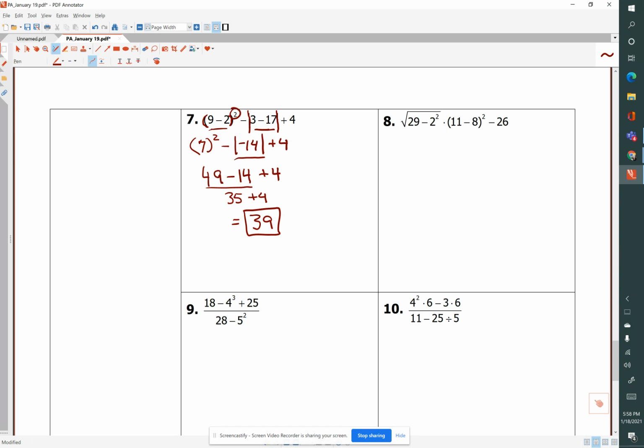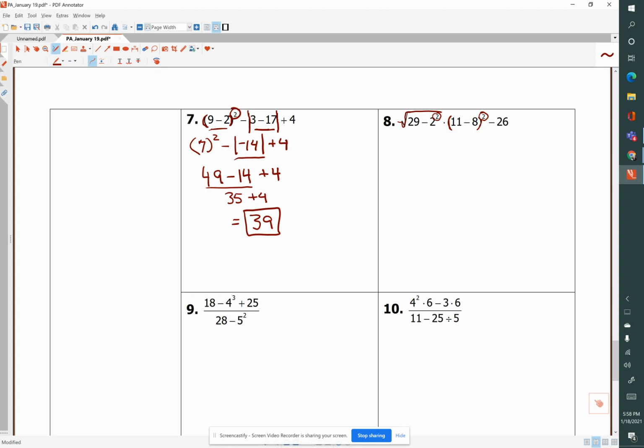Now for number 8, we have the square root, this is a grouping symbol, of 29 minus 2 to the second power. Only 2 is raised to the second power. There's no parenthesis here. Then we have that multiplied times the quantity of 11 minus 8, and that whole quantity is squared minus 26.